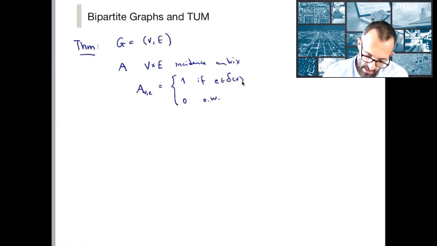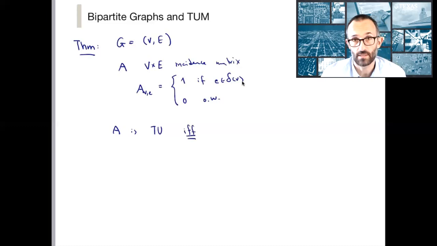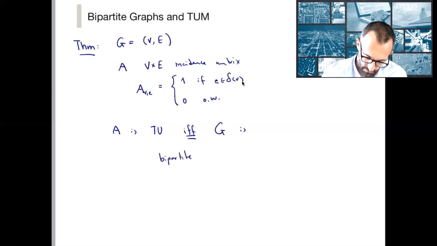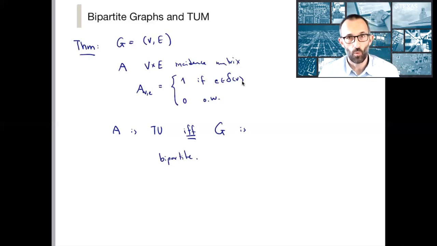So the theorem says that A is totally unimodular if and only if G is bipartite. It's an if and only if statement. We're going to prove one direction here.